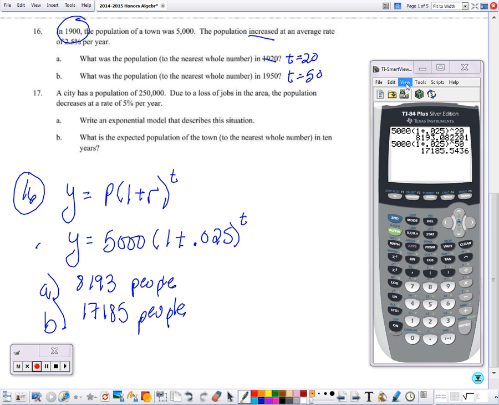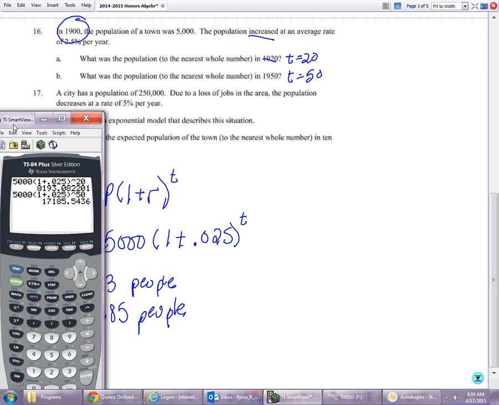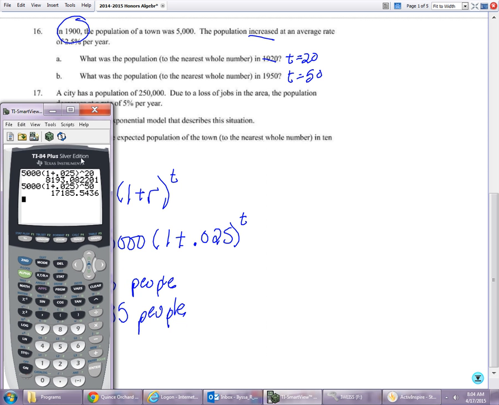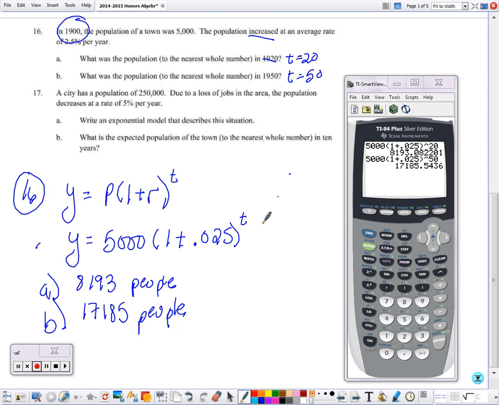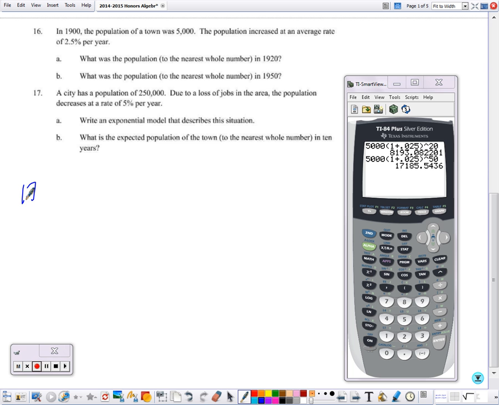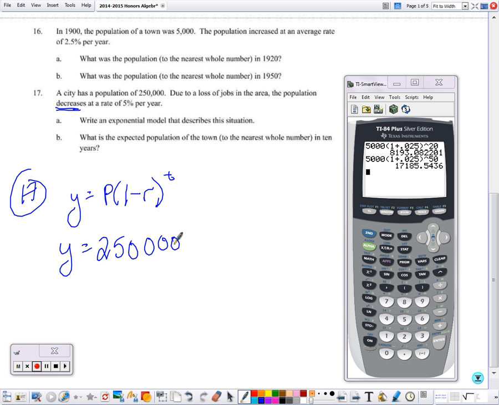So now for 17, because we're losing, it's decreasing, our equation is 1 minus r to the t. So A is writing the equation.